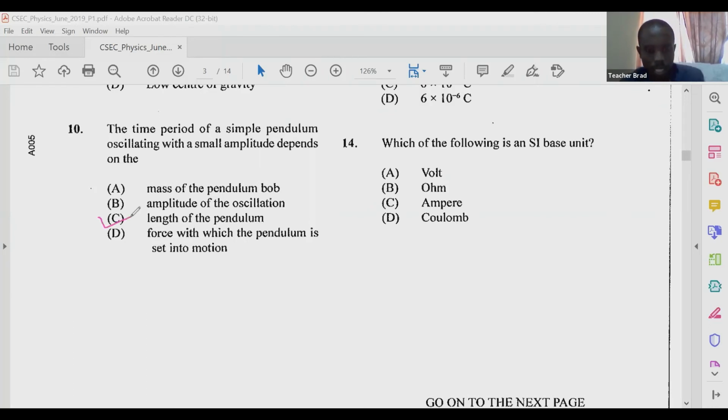So that's the key thing that it is dependent on. And as I said before, it's also there in the formula for the period of the pendulum.